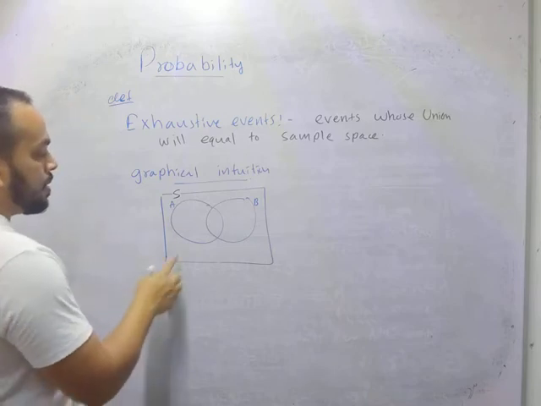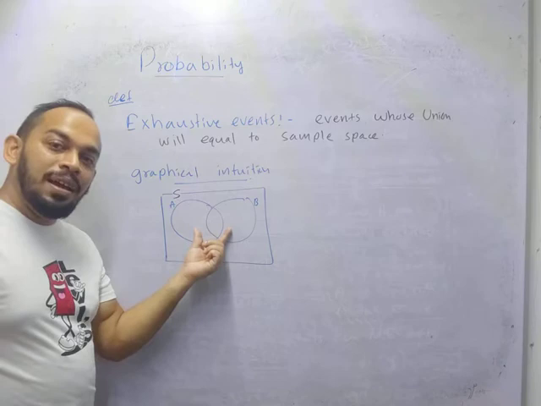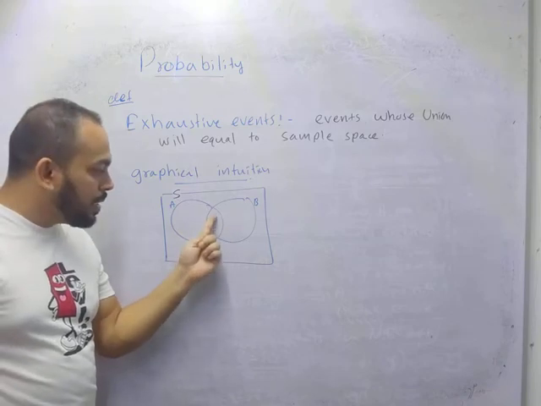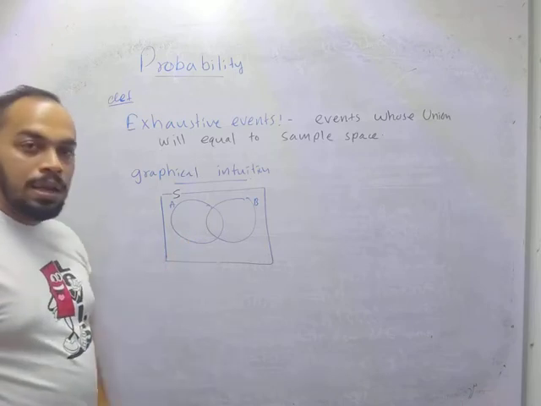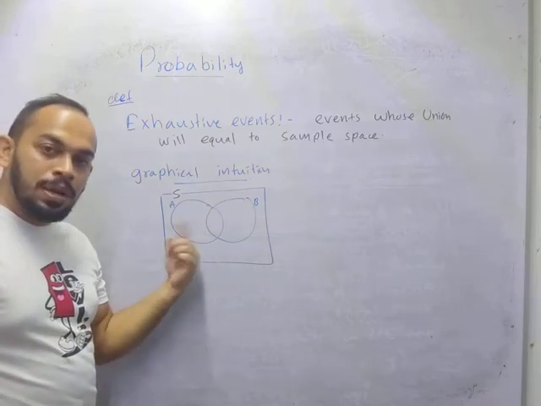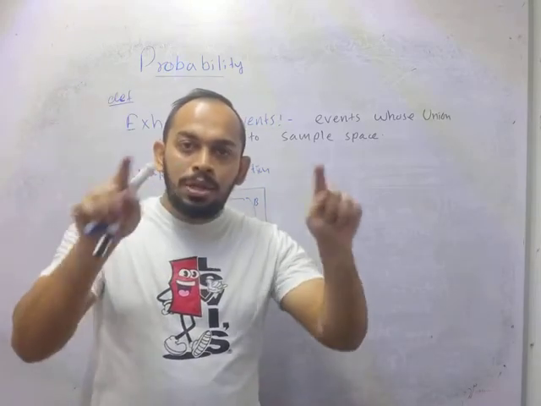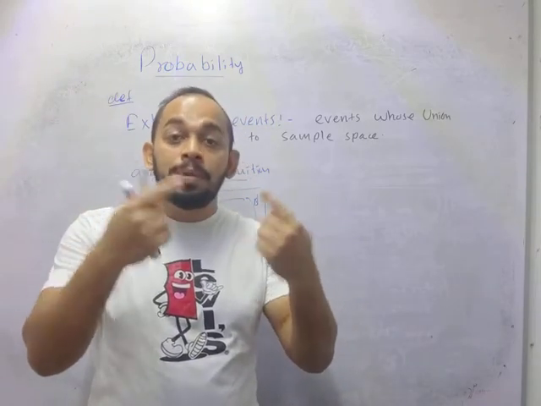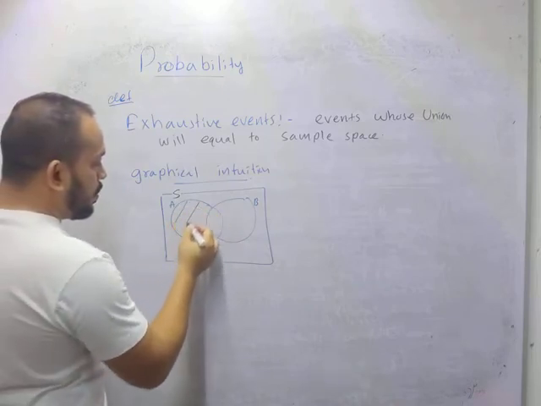In this case, A and B. Now, you know that A and B are not mutually exclusive because there's an intersection between A and B. Now, are they exhaustive? If they're exhaustive, then their union must represent the sample space. What about the union here? This is the union.